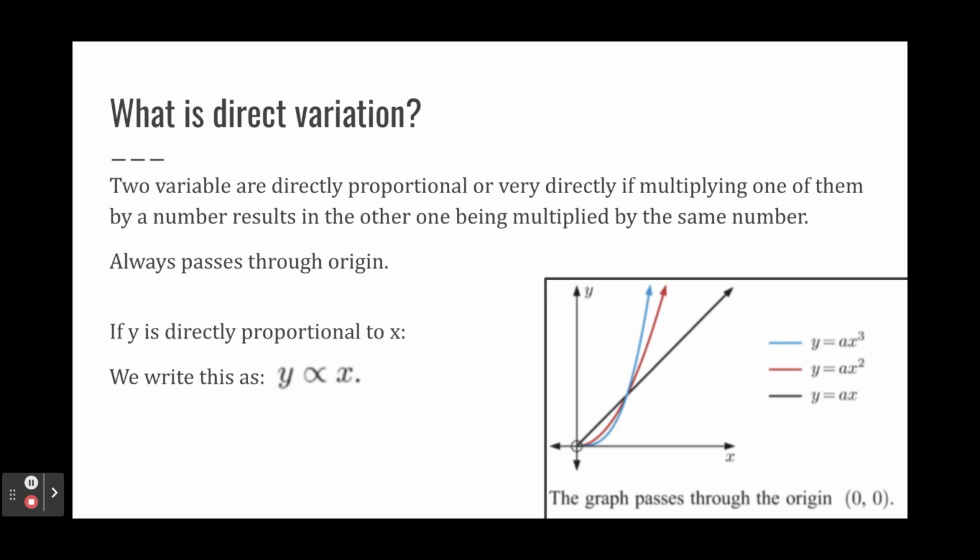If two variables are directly proportional to each other, that means we can take one variable, multiply it by a number, and it's going to give us the other variable. So that means that I can write down my equation for directly proportional as y is equal to a number times x, because x and y are directly proportional. And we'll practice this with examples.